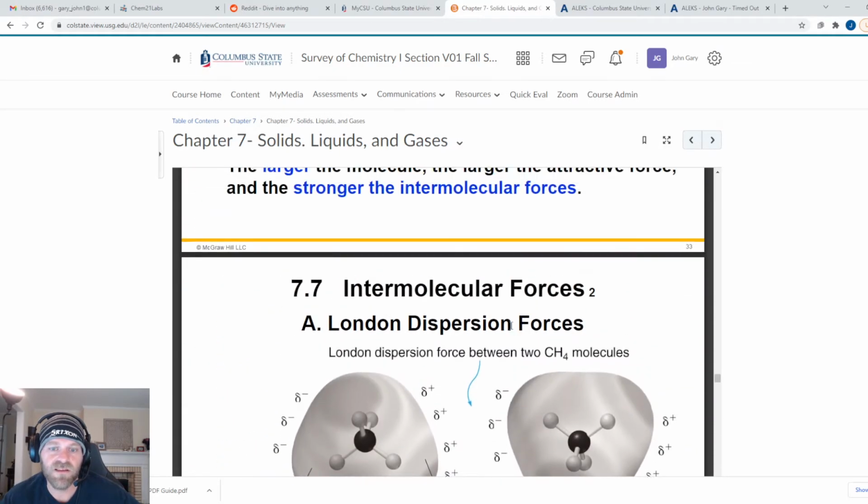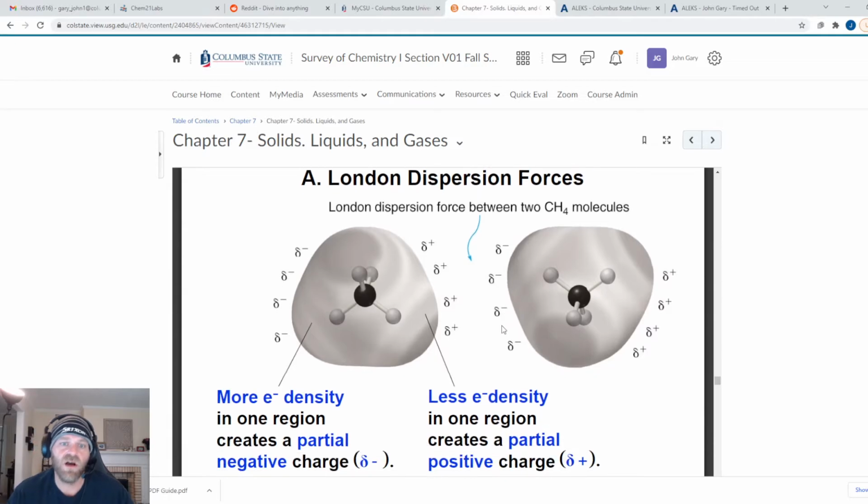Now, London dispersion occurs with hydrocarbons. When you have a bunch of carbons linked together, those charges can get distributed to one side or the other of the molecule. Those charges build up and align themselves with the opposite charges of another molecule.